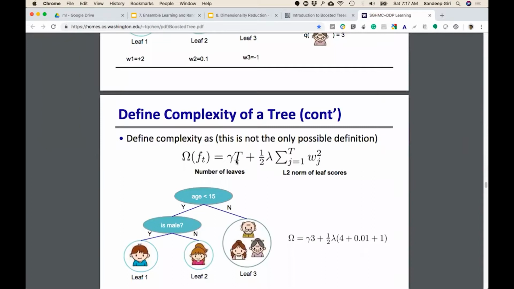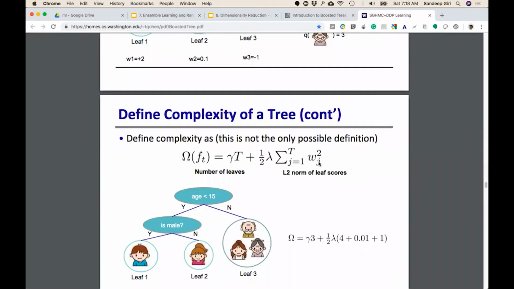One is the number of leaves. As the number of leaves grows, it starts to overfit. We know that. Similarly, as the weights grow, we want to regularize the weights, right? So we are putting one more part into the regularization, called the summation of the weights.